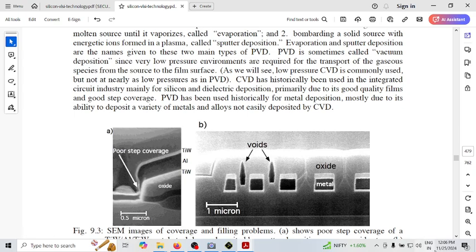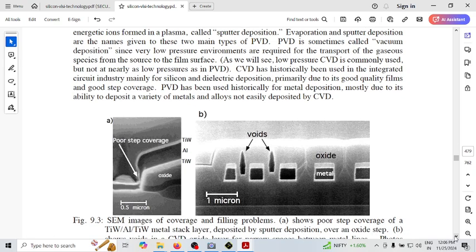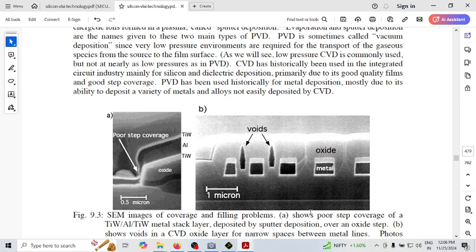Part A shows a poor step coverage of titanium tungsten, aluminum, and again titanium deposited over a piece. We'll see what a sputter deposition is. And then part B shows voids in chemical vapor deposition oxide. These are the voids, the air bubbles that have been created during the deposition.